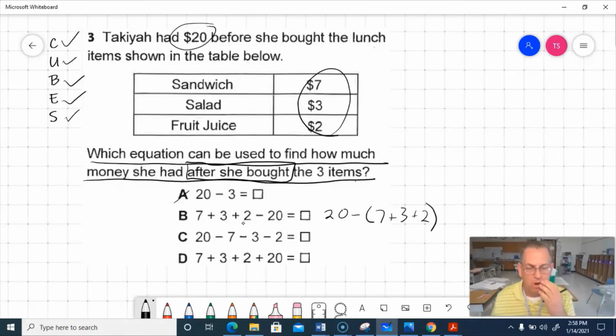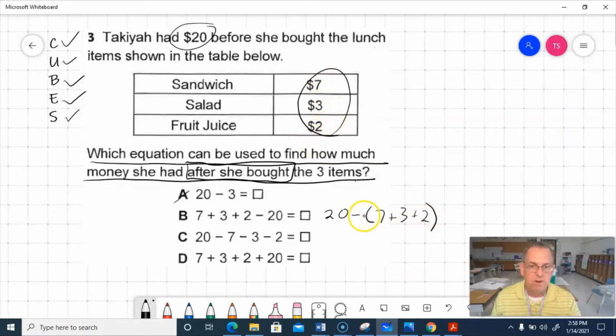We don't talk about order of operation a whole lot in 3rd grade, but we do see stuff with parentheses in some of our questions. So we need to understand whenever you see parentheses, it means you do that step first. So just like we said, 7 plus 3 is 10, and 2 more would be 12.